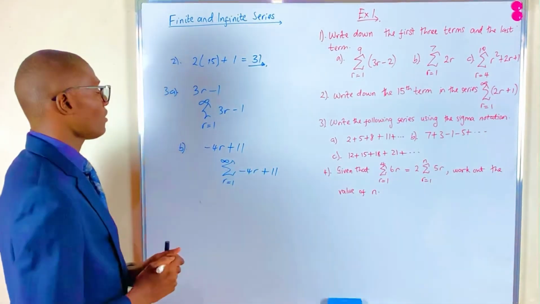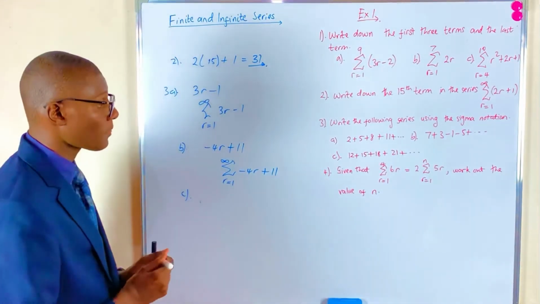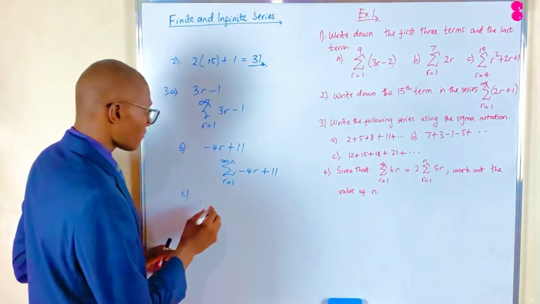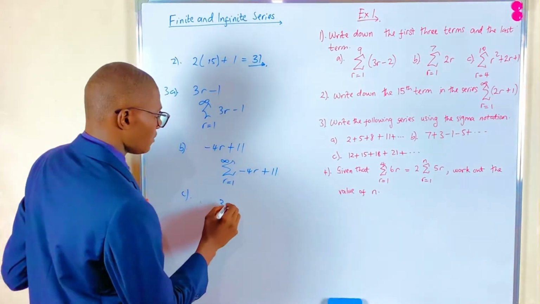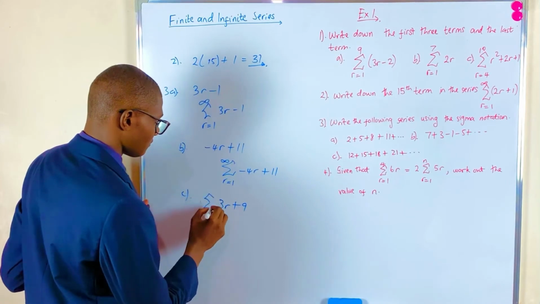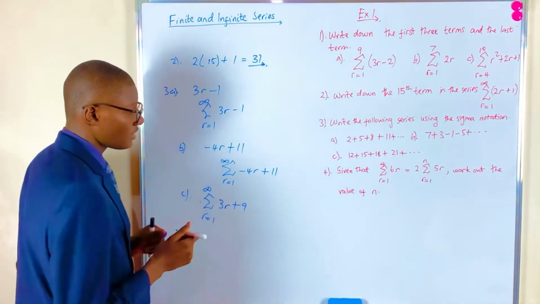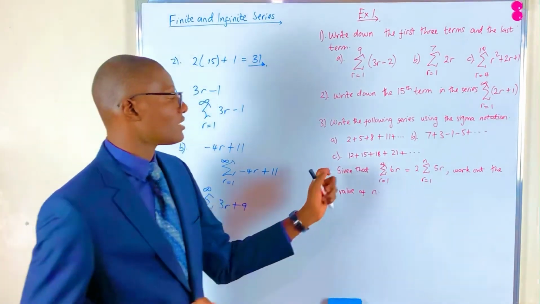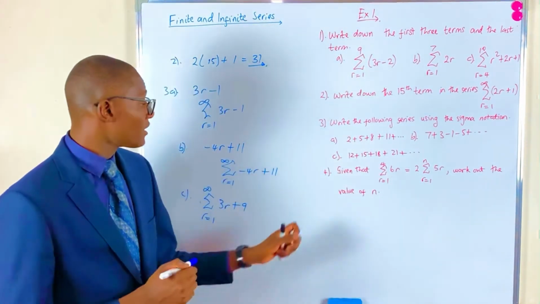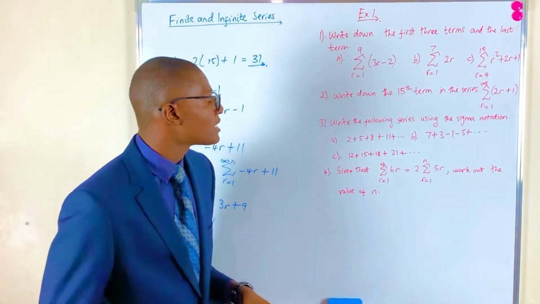This would be the sigma notation for B. And then for C, the general term, we've got 3r plus 9. So we're saying the summation of 3r plus 9 from r is equal to 1 up to infinity is the sigma notation for this series.